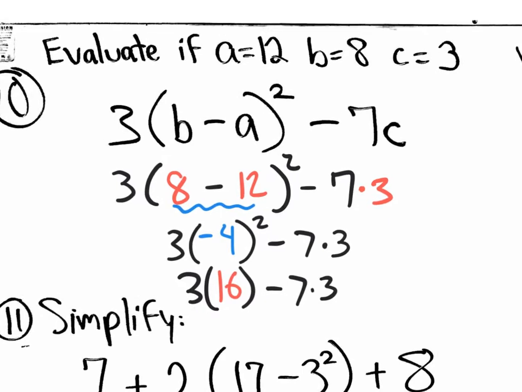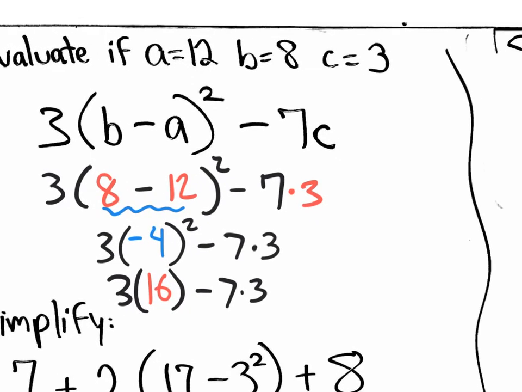So 3 times 16 is 48. And we have the minus sign. But over here we have 7 times 3, and that's going to be 21. So we really have 48 minus 21, which gives us our final answer, 27.